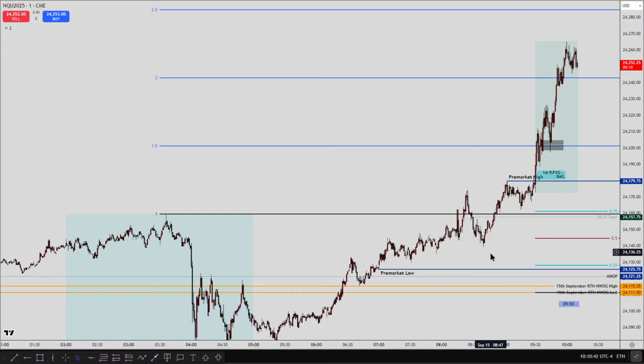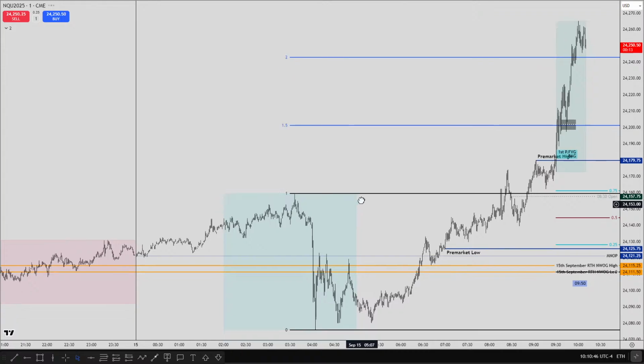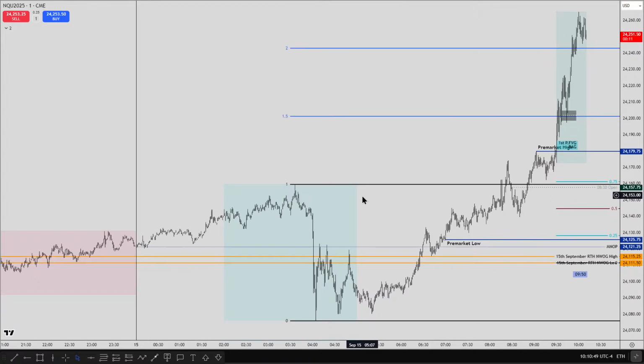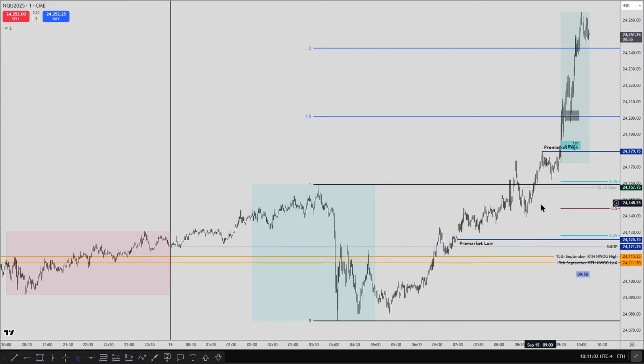It just depends on the day, on the economic calendar, on what price action is showing me, on the kill zones. So I have a pretty in-depth bag of models.